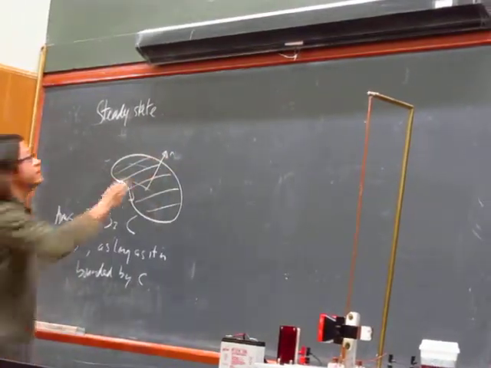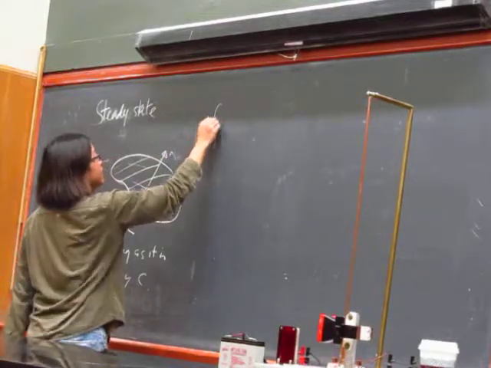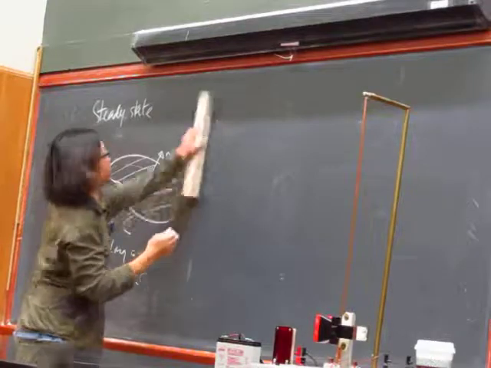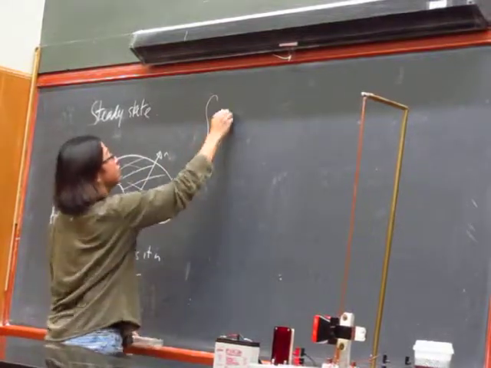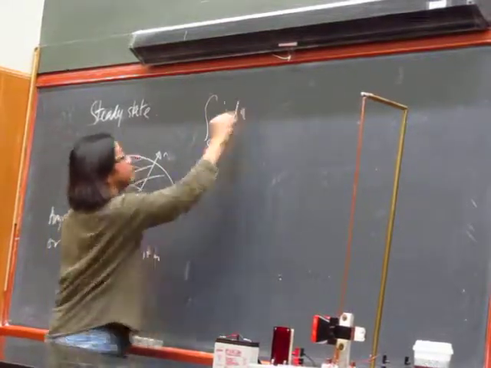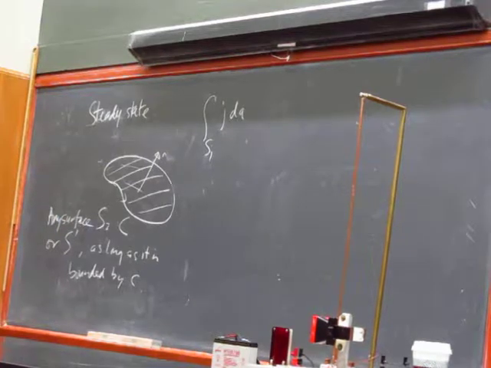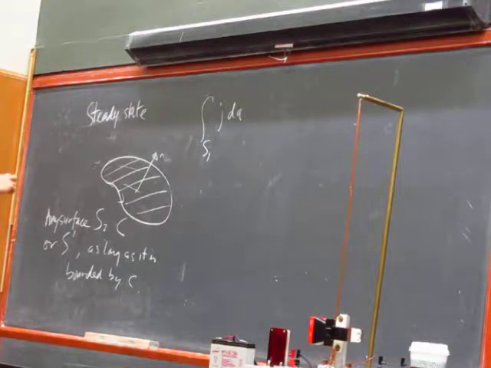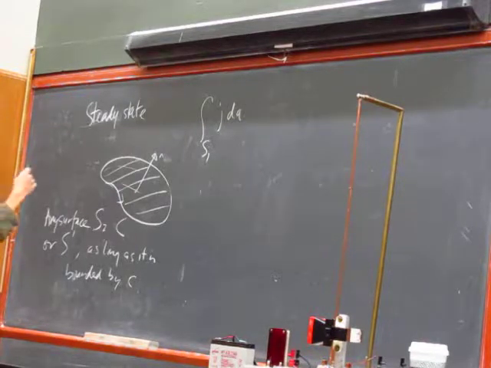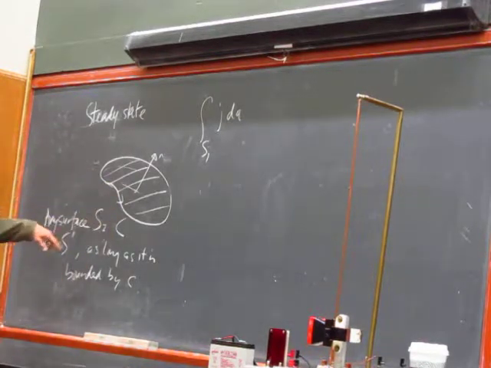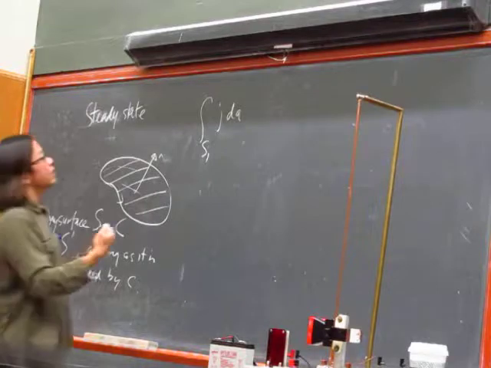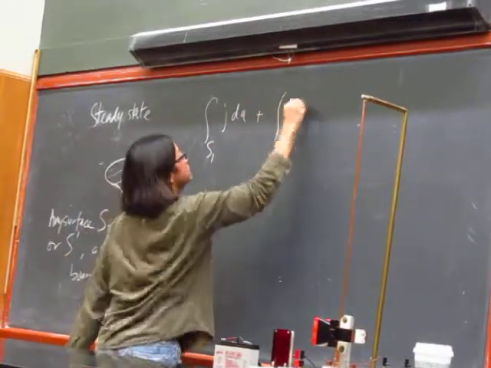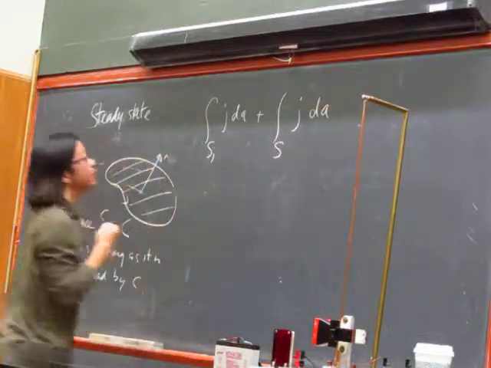Then the integral, let's just write the integral over S1 of J dA, minus, in this case I want minus, plus the integral over S2 of J dA.